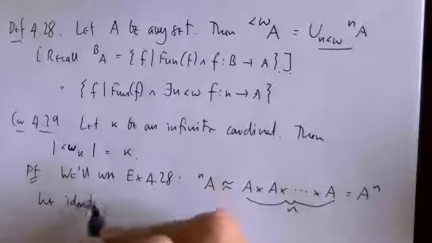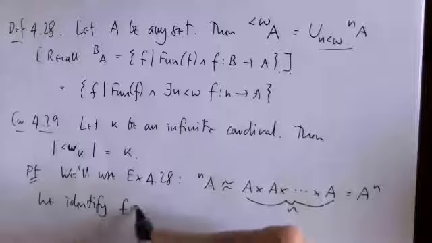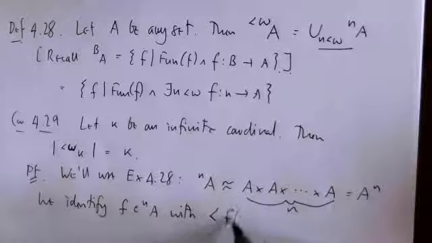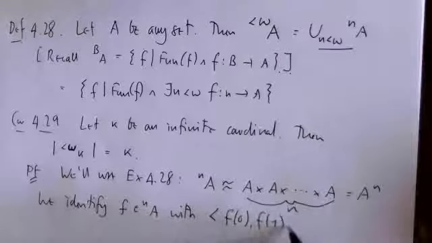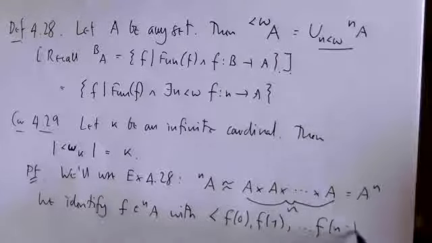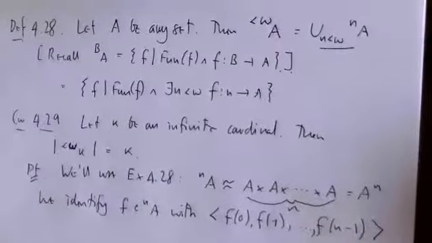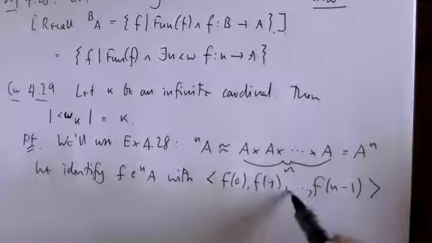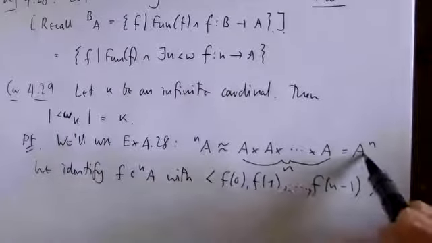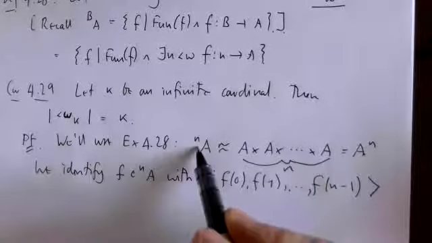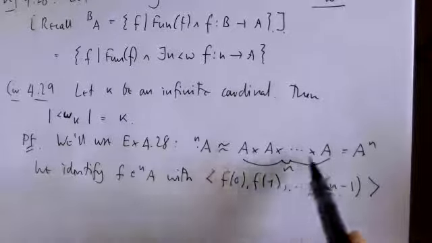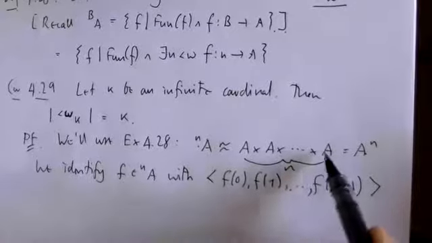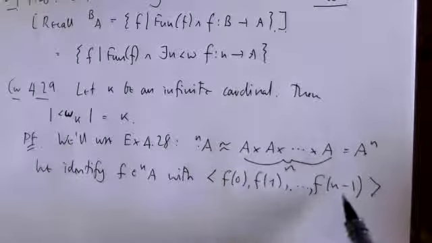So actually the exercise is kind of easy. This guy over here is in here, whereas of course the function is over here. And of course, if I've got any ordered n-tuple, I can just think of it as a function. First thing, second thing, up to the nth thing here.